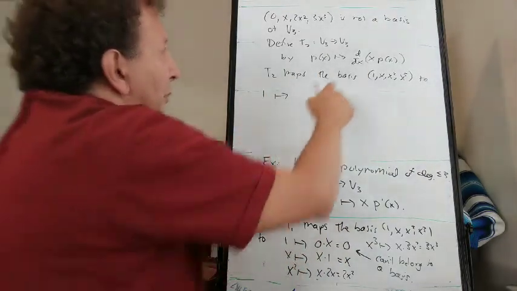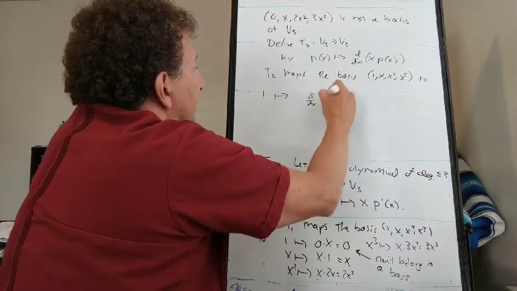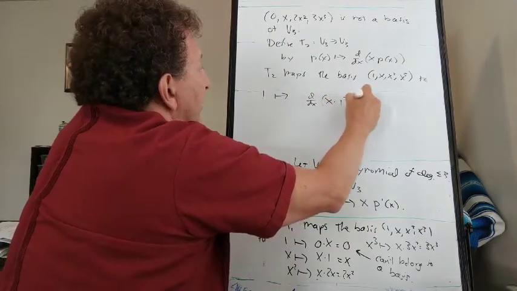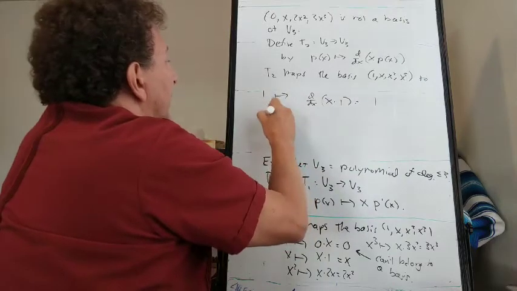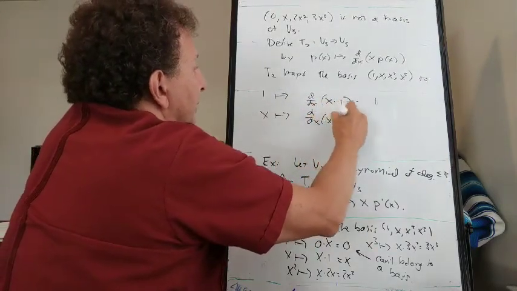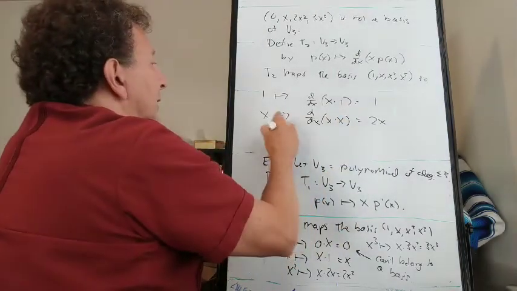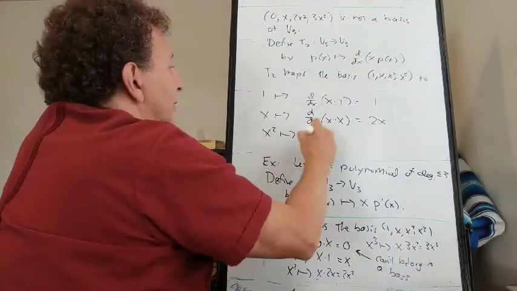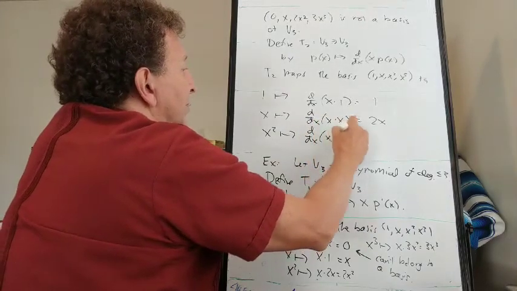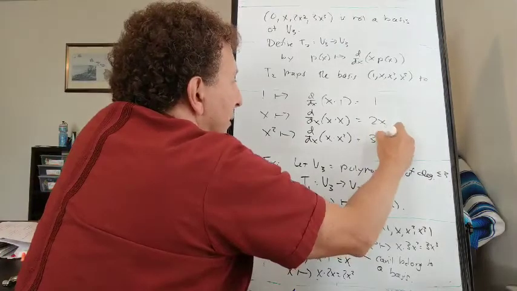1 gets mapped to, so multiply it by x and then take the derivative. Derivative of x is 1. X gets mapped to the derivative of x times x, which is x squared. Derivative is 2x. X squared gets mapped to the derivative of x times x squared, which is x cubed. Its derivative is 3x squared.